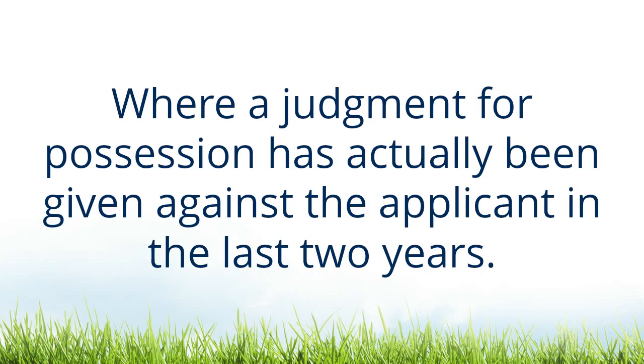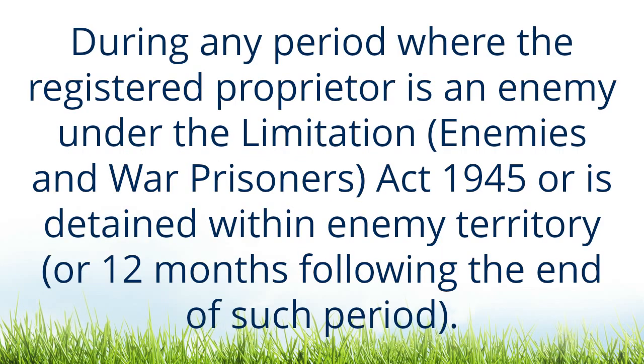Where a judgment for possession has actually been given against the applicant in the last 2 years. During any period where the registered proprietor is an enemy under the Limitation, that's Enemies and War Prisoners Act 1945, or is detained within enemy territory, or 12 months following the end of such period.